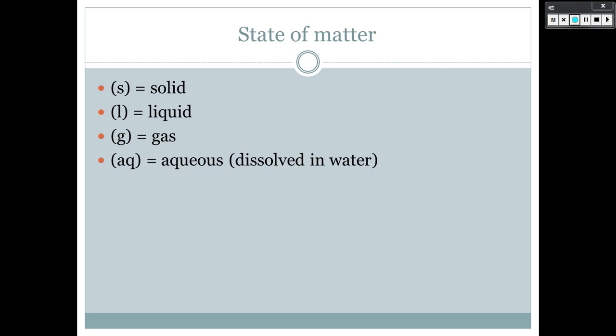If you need something where the ions are not connected, usually aqueous substances are ionic, although they don't have to be. If you need the ions to not be connected in that crystal lattice, you would want to make it aqueous, and it's still going to have properties like the solid form, but it'll have some reaction properties that are a little different.